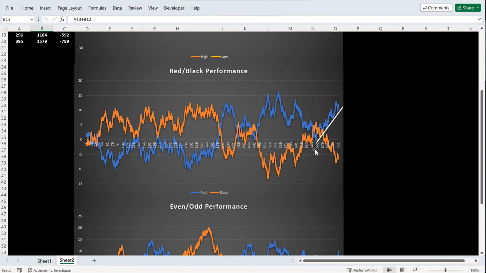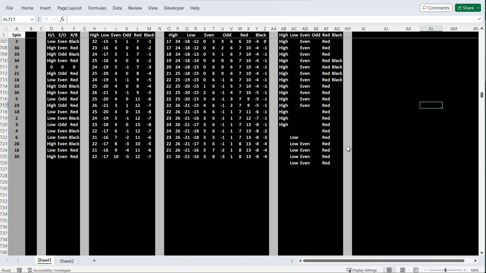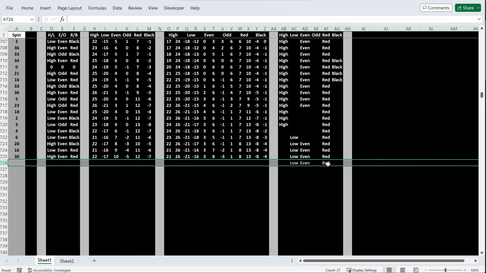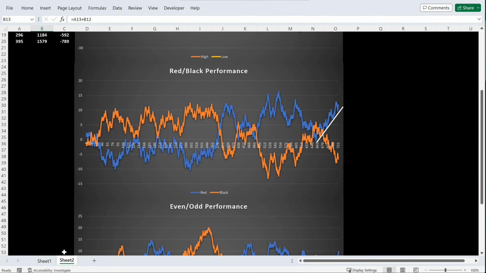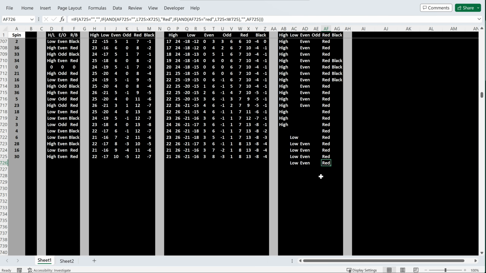So pick the trend you're playing over here, and then go over here and make sure it's telling you that red is showing up here as a playable bet, and then just play that until it ends. So this isn't at a point where you can just blindly use it without consulting the charts, but it does seem like they're working well together, at least thus far. I just added this today, so I guess it remains to be seen, but so far so good.